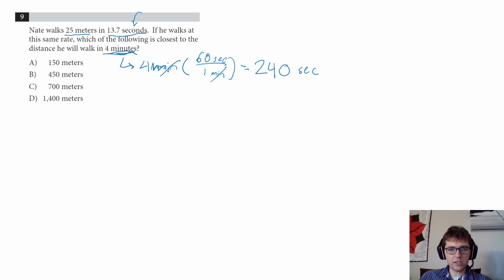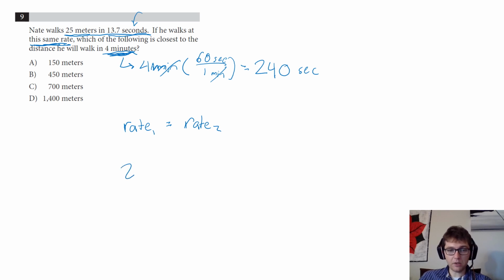So one of the key things here is if he walks at this same rate. So let's call 25 meters in 13.7 seconds rate 1, and some number of meters in 4 minutes rate 2. And they're the same. So you can say that rate 1 is equal to rate 2, right? They say that in the problem. It is the same rate. So what is rate 1?